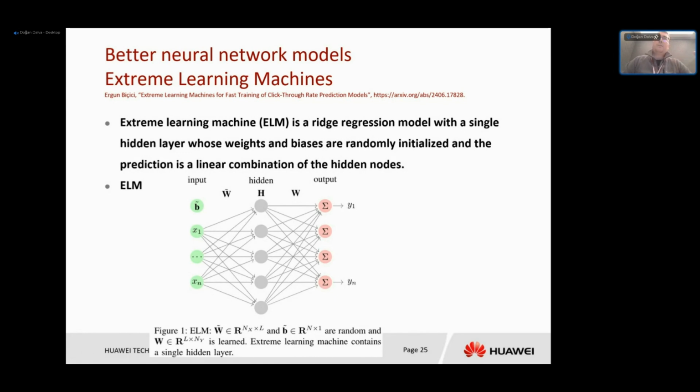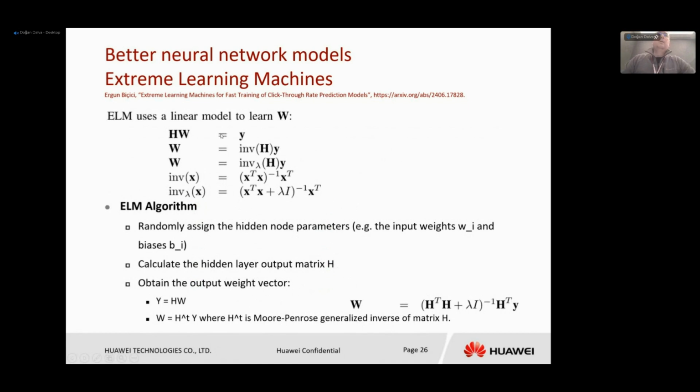Based on the SLFN theorem and the universal approximation capability of SLFN, ELM uses matrix inversion and matrix multiplication to obtain the output.